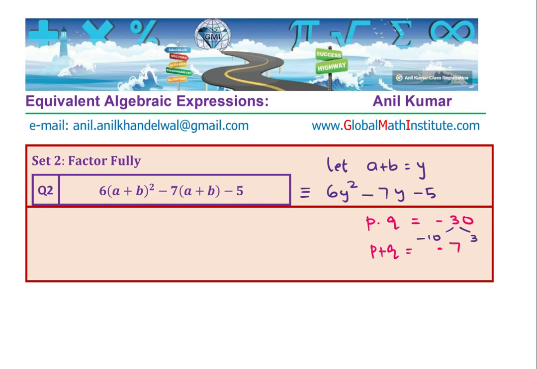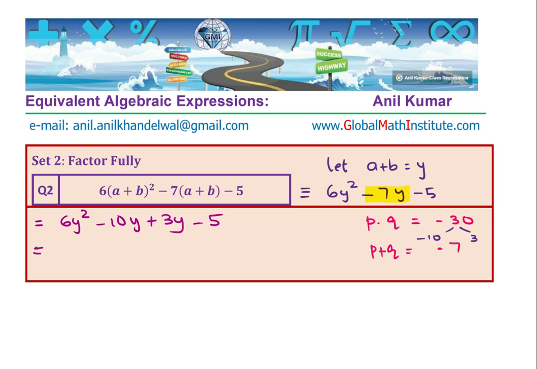And therefore, we are going to split minus 7y and then continue with the solution, right? So the given expression, I could write this as 6y squared, and minus 7y I'm writing as minus 10y plus 3y, and we have minus 5.